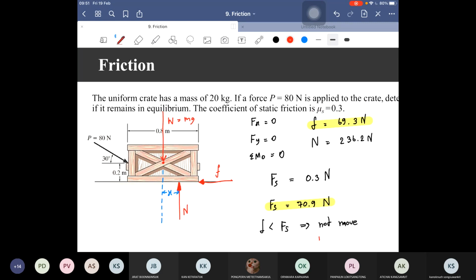Then it still remains in equilibrium. Okay, so first you have to calculate the friction that actually happens in this system, and then compare it with the maximum force Fs and see whether it moves or not.